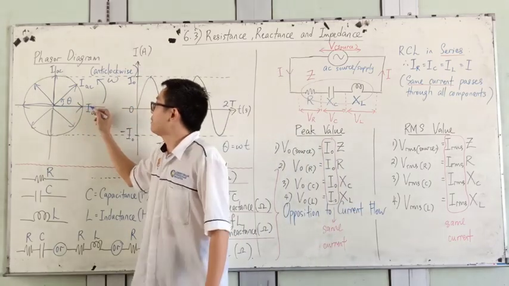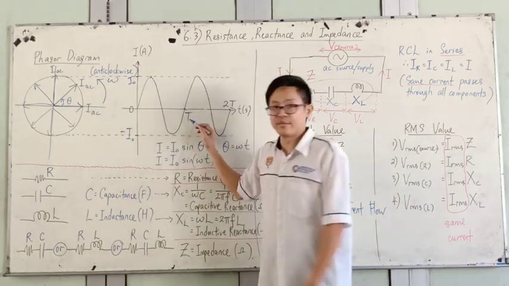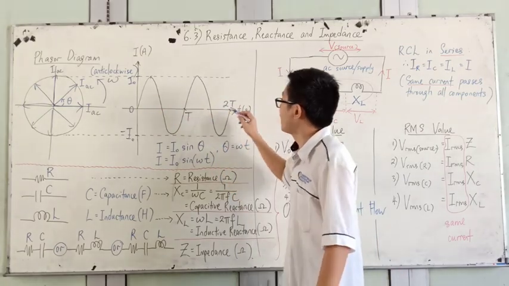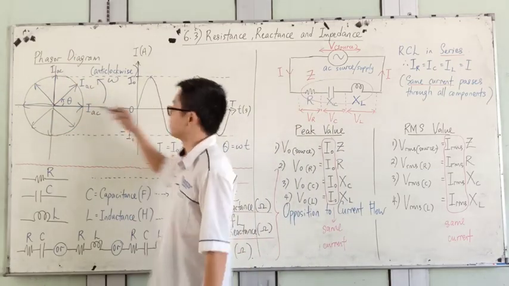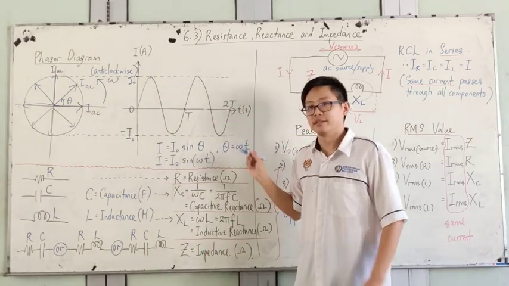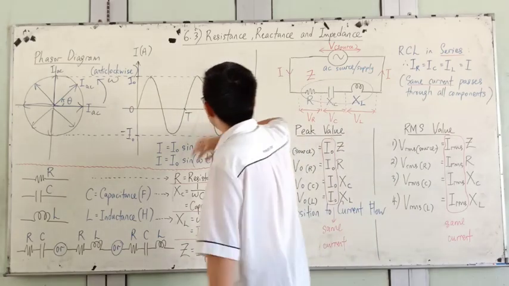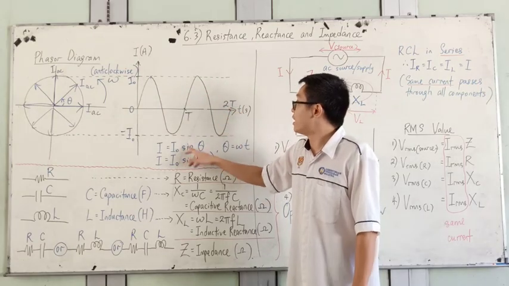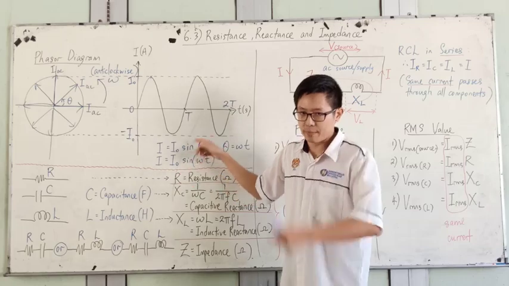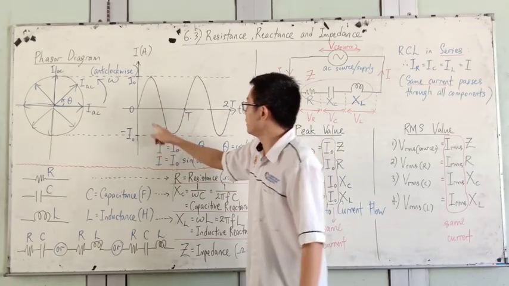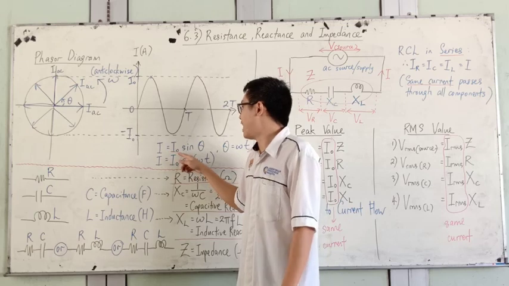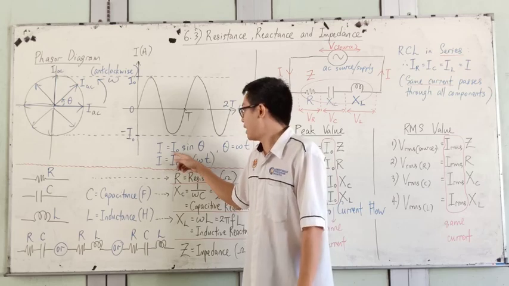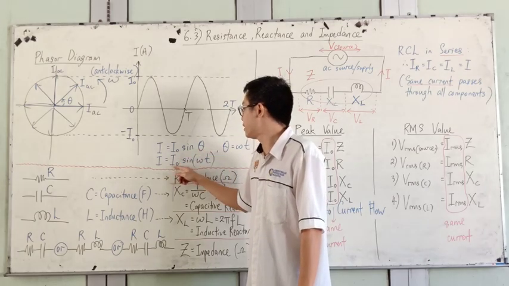The time taken to complete one circle is the period. If this graph has done 2 revolutions, 2 cycles, it has 2 periods. This graph is a sinusoidal graph, and this is the formula representing it: current is equal to I0 sine theta, or I0 sine omega t.